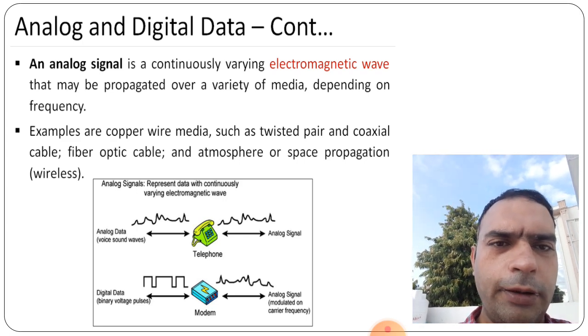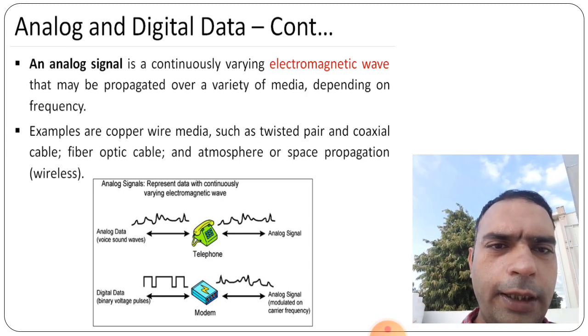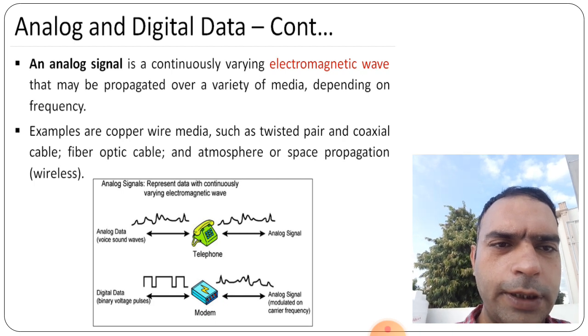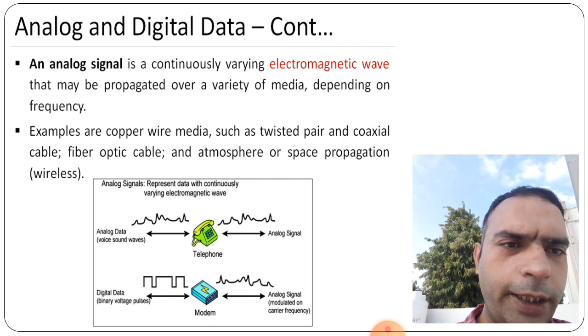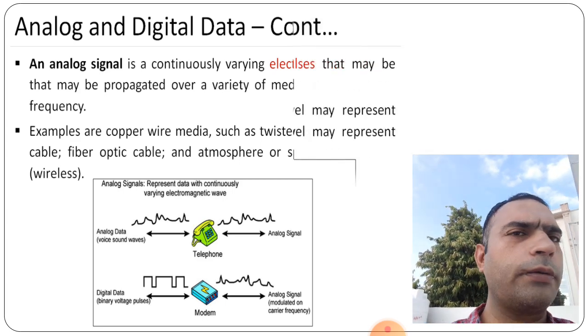And the next thing is the modem, which receives the digital data in the form of binary voltage pulses and converts it into an analog signal that is modulated on a carrier frequency.